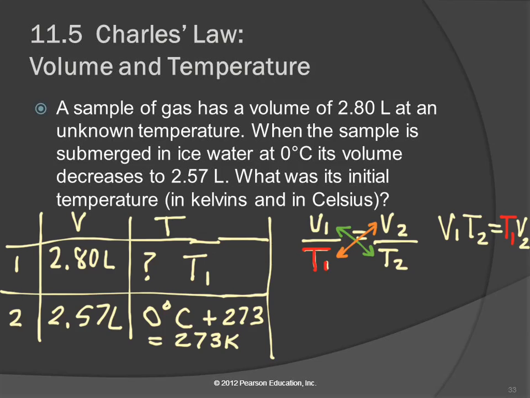Now, how do we get T1 by itself? Divide out the V2. We divide both sides by V2. These cancel out, and over here we've got V2. So now we can rewrite this as T1 equals V1 T2 over V2.